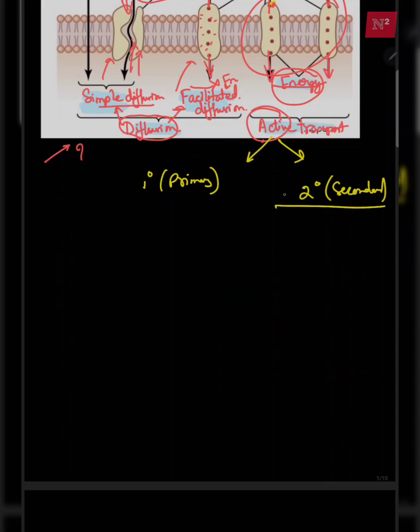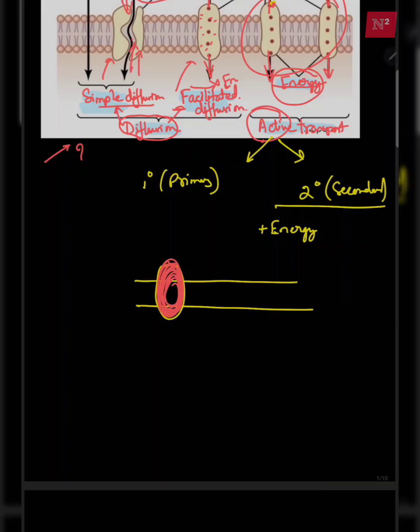Whereas in secondary active transport, although the energy is used to change the conformation of the carrier protein, there is a difference between the primary and the secondary. Supposedly this is a carrier protein which is transporting a substance from outside to inside or inside to outside.